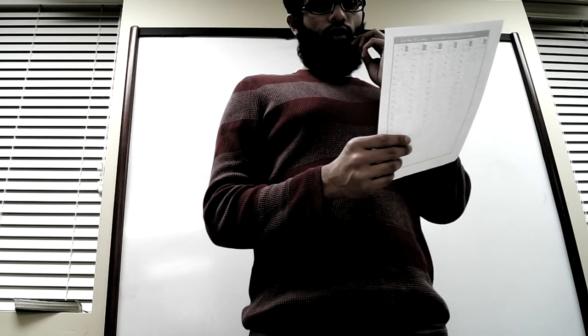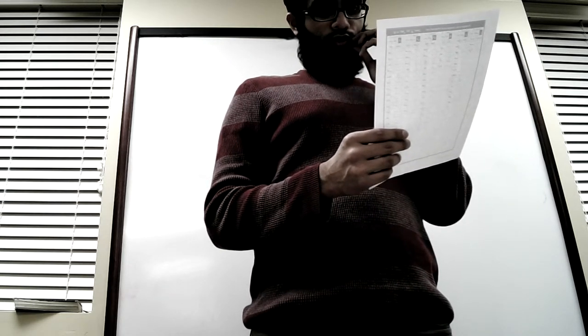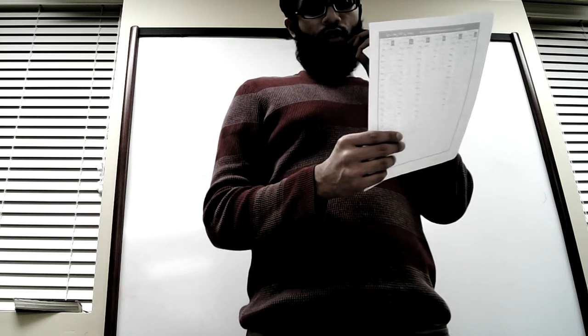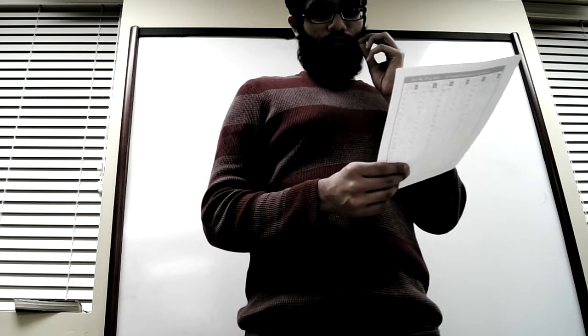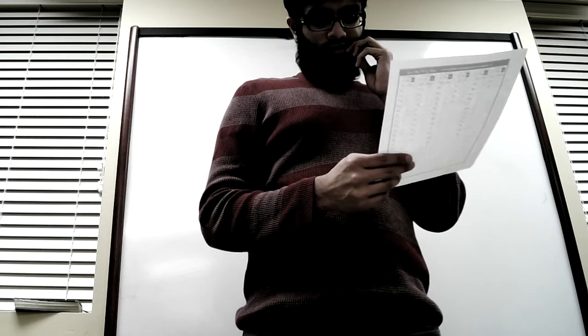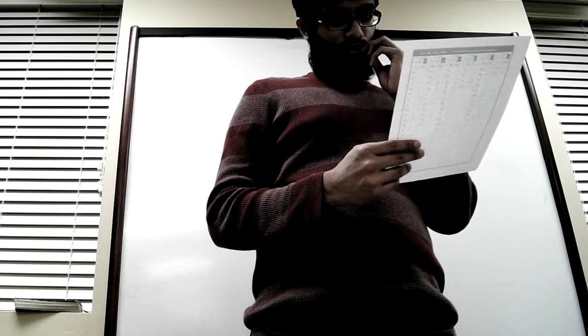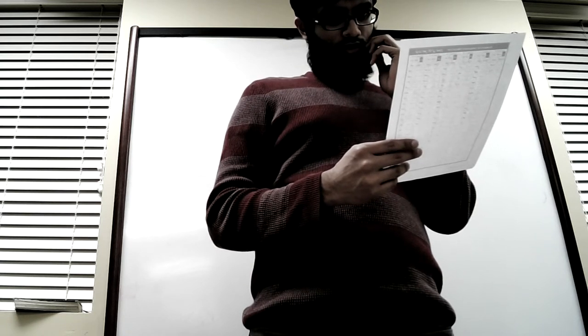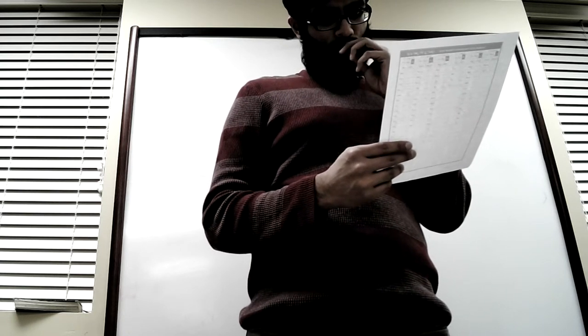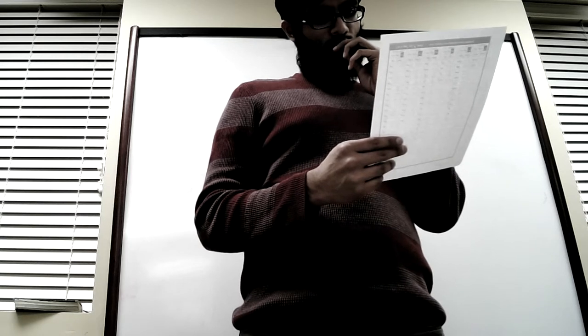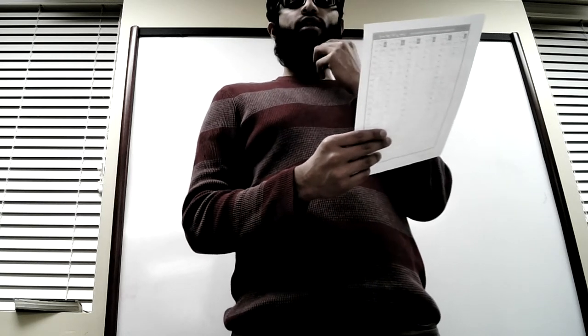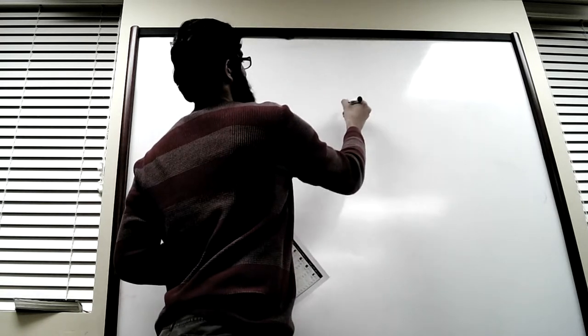Let's pick one from the first column. Let's do najaha. Where's najaha? Let's do nazala. So nazala is in the second column.